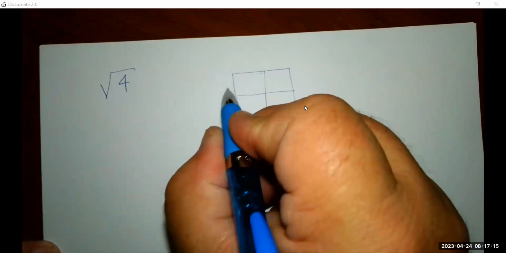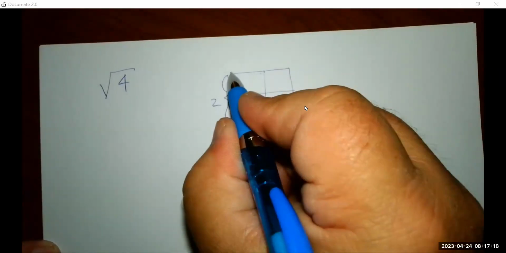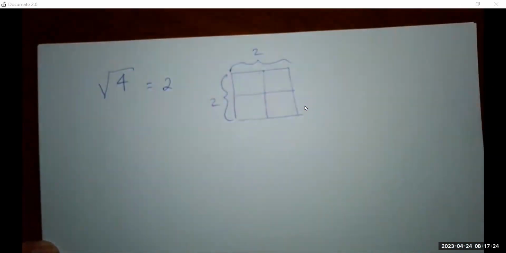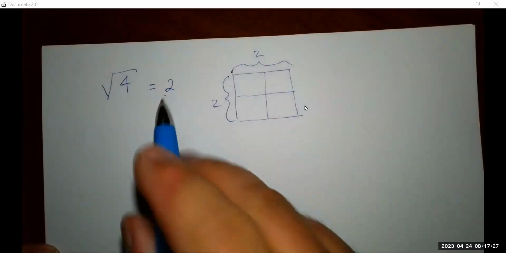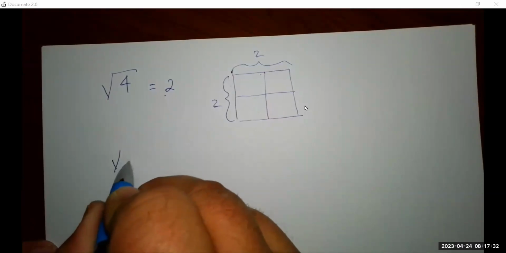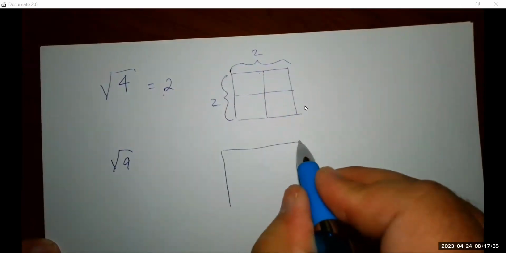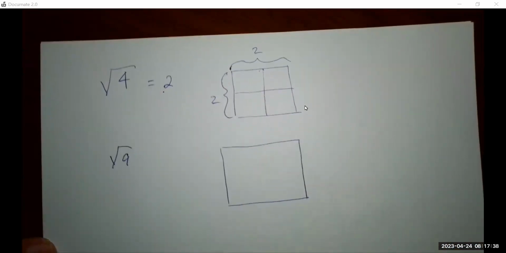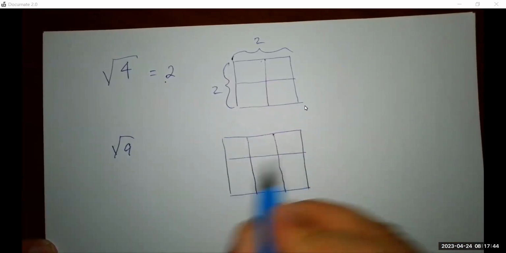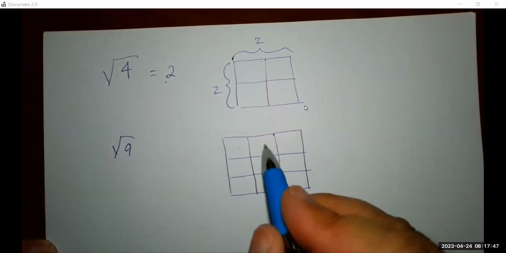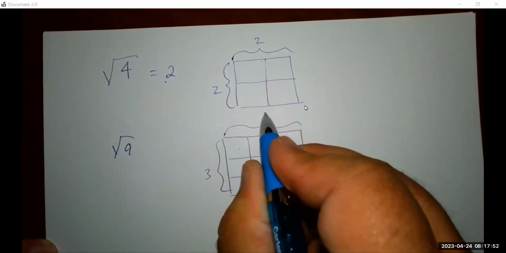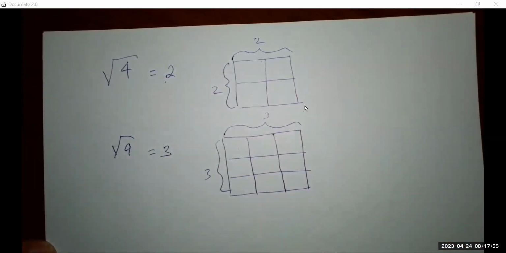If so, and if both sides are the same, then that's what it equals. Square root of 9, the same thing. Okay, so we have a square. Can we make it into 9 equal pieces? Yes. So this side's 3. This side's 3. So the answer is 3.